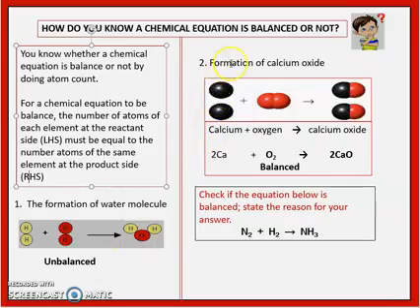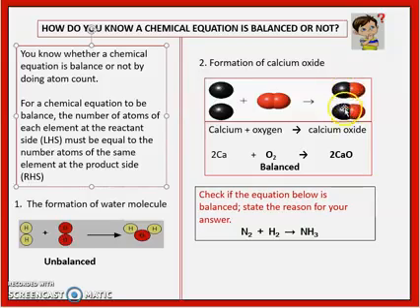So let's look at this one, the formation of calcium oxide. This is a calcium atom. The black atoms are the calcium atoms. And this is an oxygen molecule. Let's see if this equation is balanced. We have 2 atoms of calcium on the left hand side. Then on the right hand side of the arrow, let's see how many calcium atoms: 1, 2.